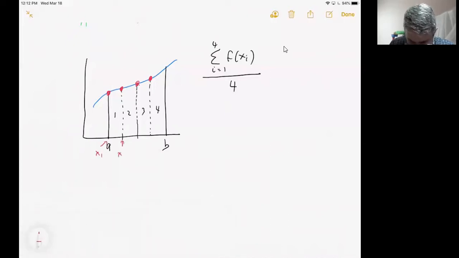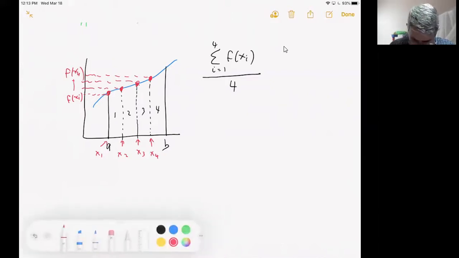This would be x2, x3, and x4. And over here, along the left-hand axis, the y-axis, I should say, would be f of x1 at the bottom, all the way up to f of x4 at the top. So we would have four output values that we would add up and divide by 4 in order to get the average. That would be using a left-hand sum.